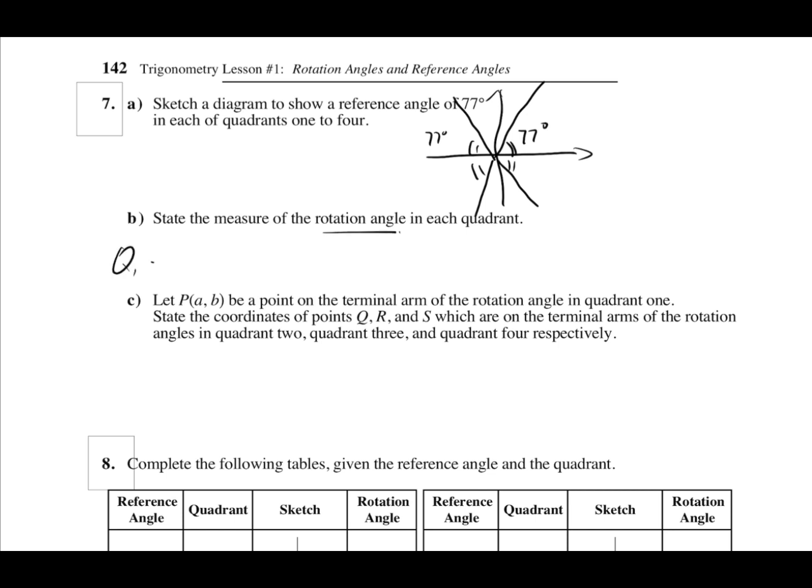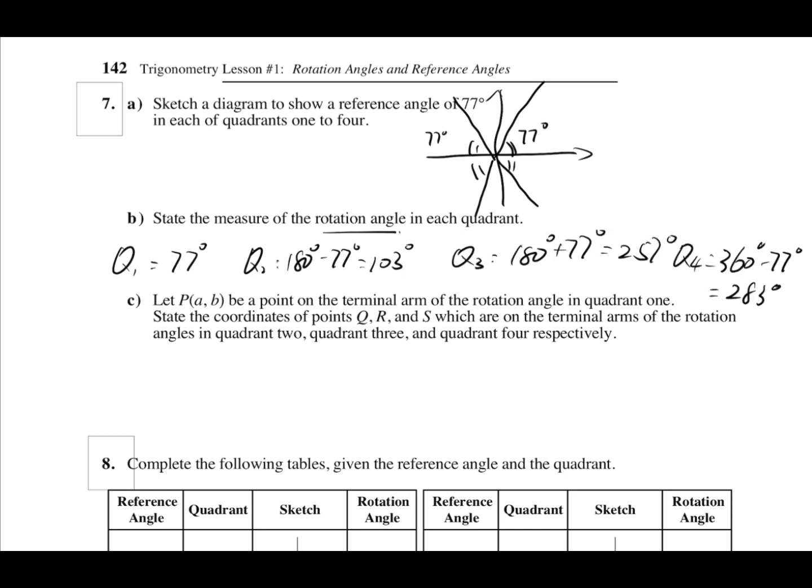So quadrant 1 equals 77, and quadrant 2 is 180 minus 77 equals 103. And it's the same for the Q, which is negative A, B. For the R, both are negative, A negative, B negative, and for the S, A positive, B negative.